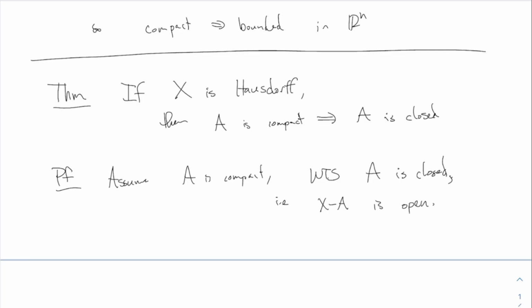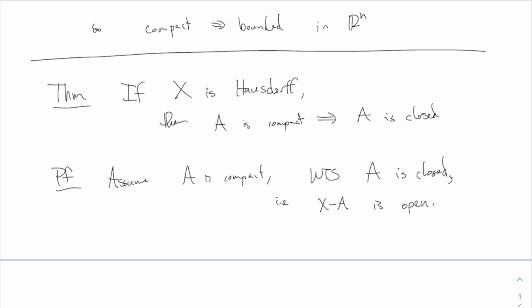And how do you show something is open? There are a few different ways you would typically show something's open, but for this proof it's most convenient to choose a point in this set and then show that it has a little neighborhood which is contained inside the set. That's typically how you would show a set is open, like in real analysis.